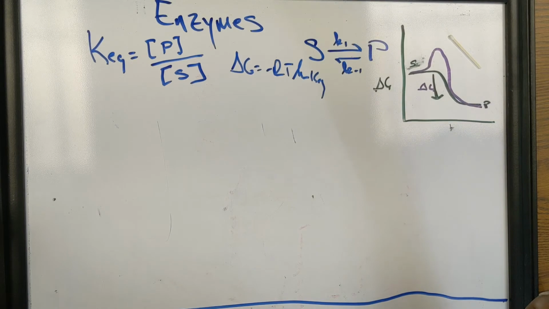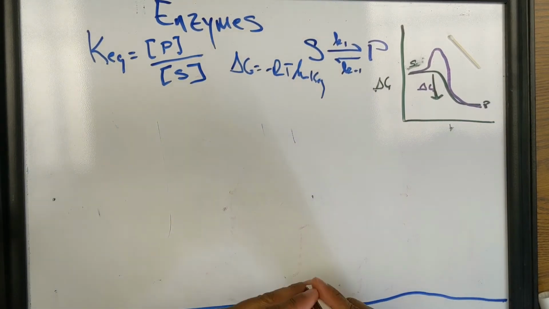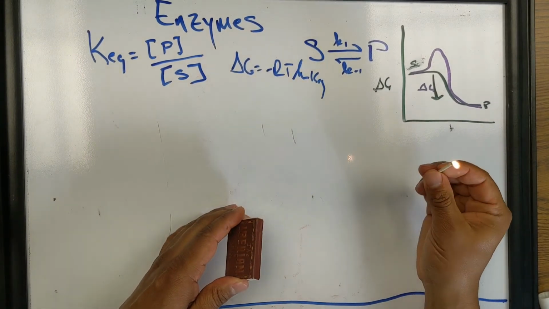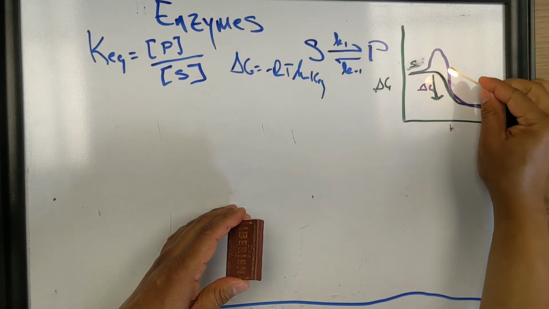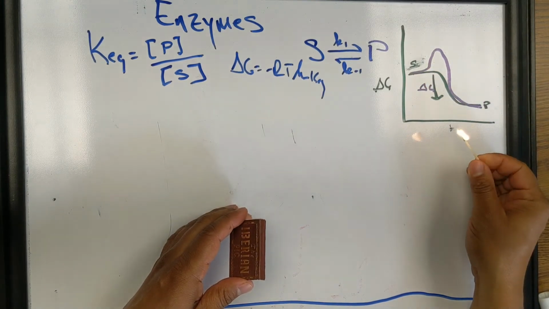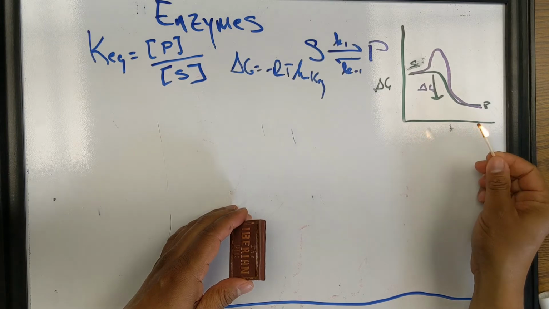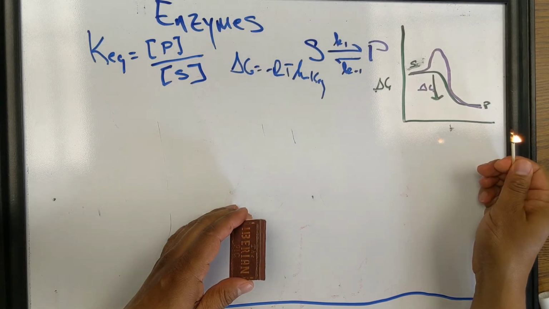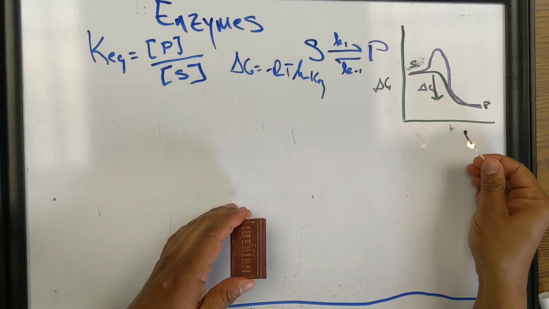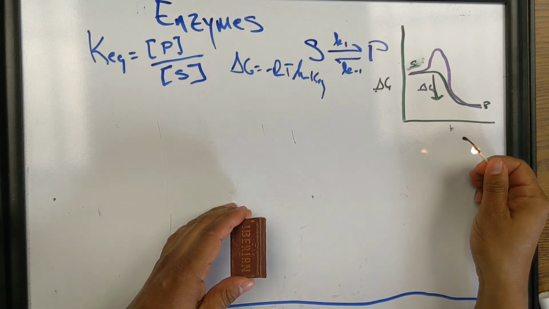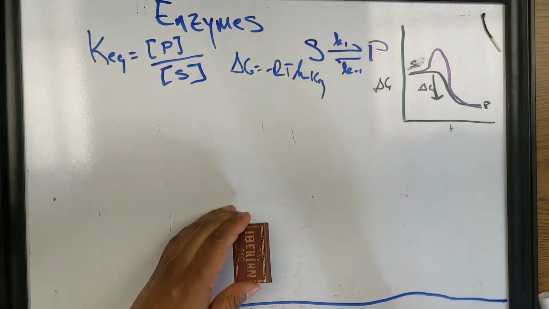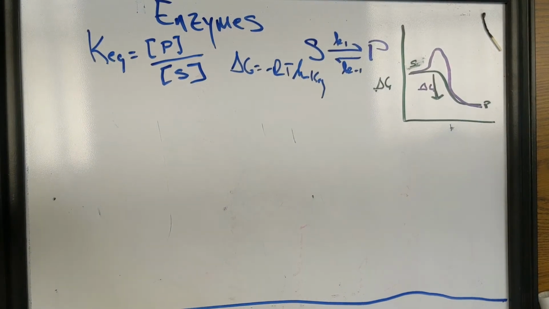And so for something like a match, the way you do that is simply by lighting it. Now we have provided the activation energy for this reaction, and the substrate, in this case the wood, is being broken down to product, in this case carbon dioxide and water, and releasing energy in the process.